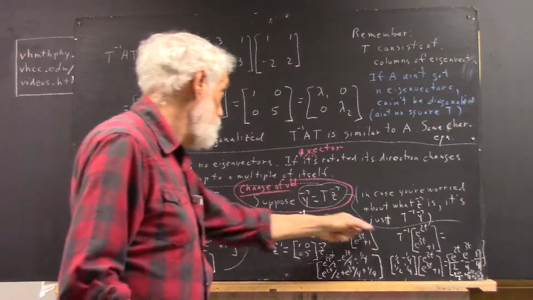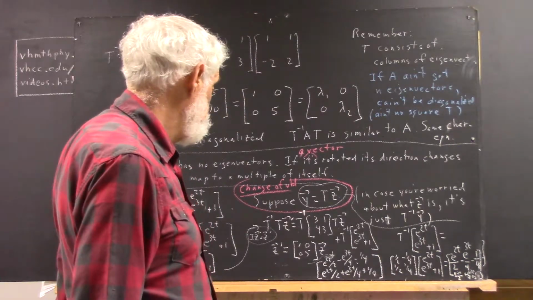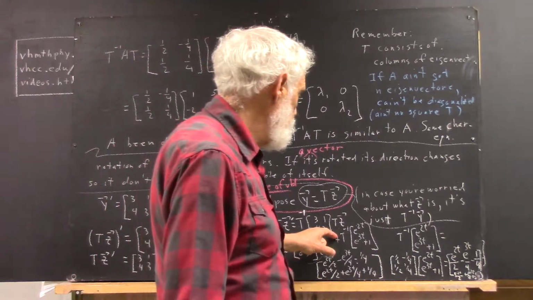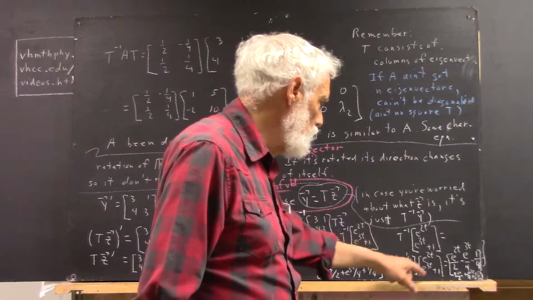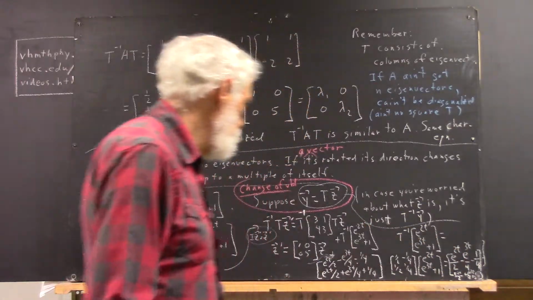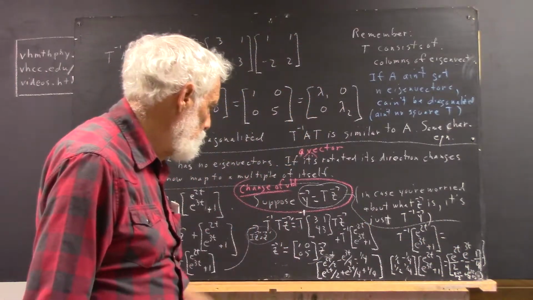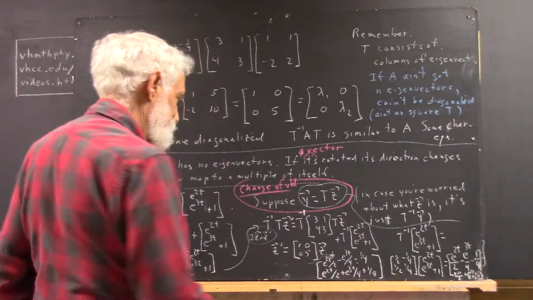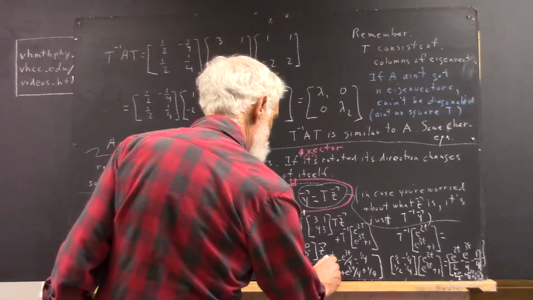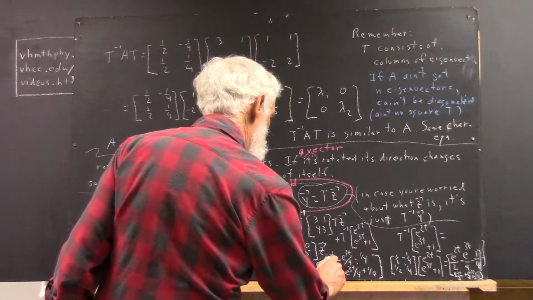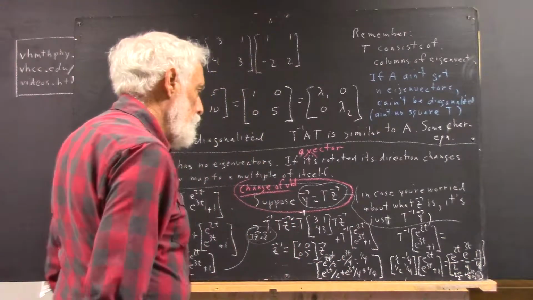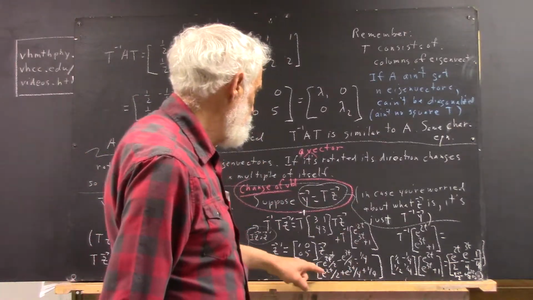That's simple enough. In the first place, we can calculate T inverse times this, which I did over here. I didn't have room to write it all out, but here's what you get.